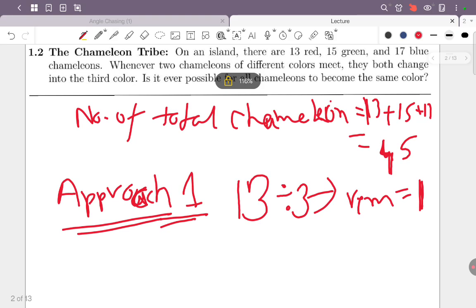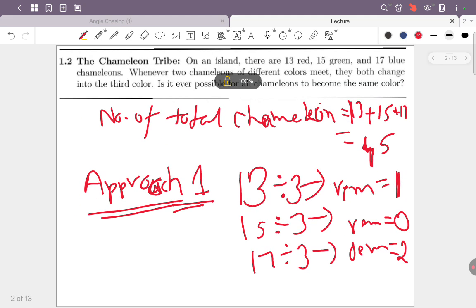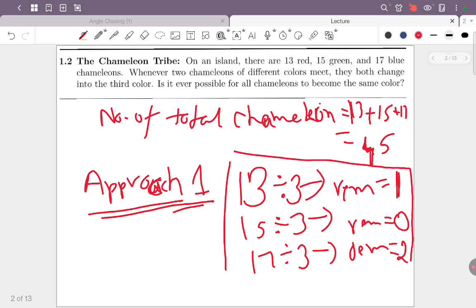Again, 15 divided by 3 gives remainder 0. 17 divided by 3 gives remainder 2, right? Yeah, 2. Now we are seeing that all three remainders of 3 exist. Can we make use of this?